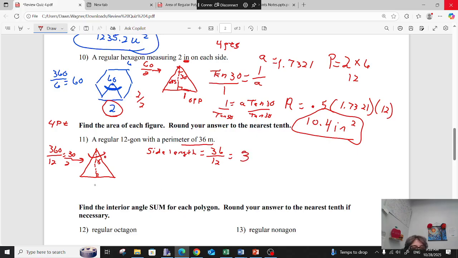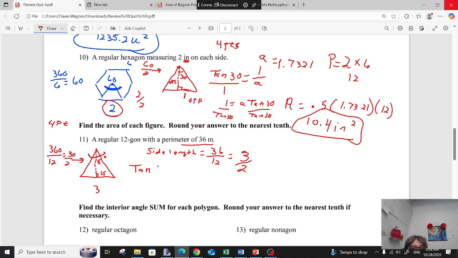Now, the whole thing is 3, but what do I use on the inside for the half of the triangle? I have to divide this by 2, and this is 1.5.